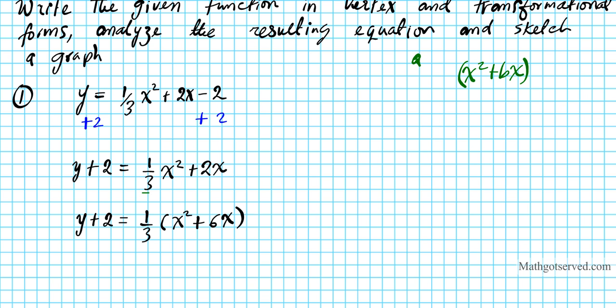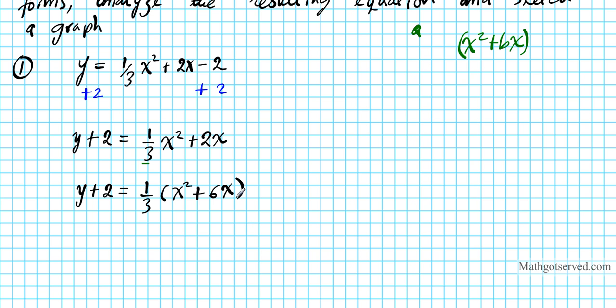Now, how on earth did that happen? How did 2 become 6 when I factored out 1/3 from it? Just to illustrate, we can take 2 to the side here. When you're factoring out, it's as though you were dividing. So if I factor out 1/3 from 2, it's as though I'm dividing 2 by 1/3.